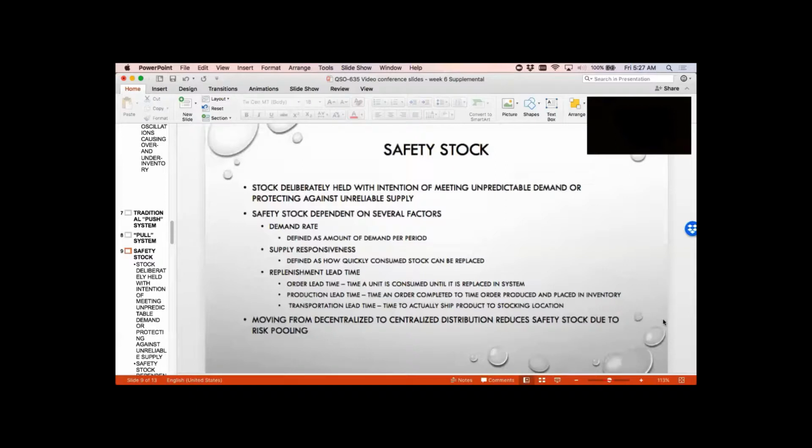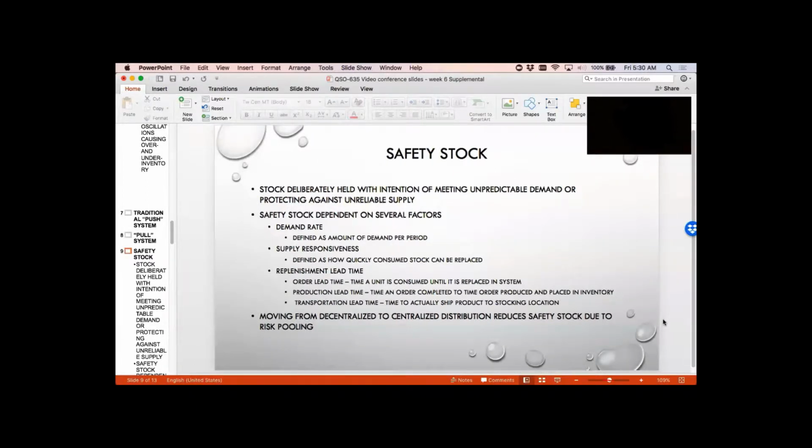Centralized distribution encourages large inventories because it uses warehousing and everything else, so they're more willing to accept variation in their supply chain. So in one, you trade decreased inventory due to risk pooling, whereas in a pull system, you reduce your variation to reduce your inventories. You're going to read where it says that centralized distributions have reduced need for safety stock.